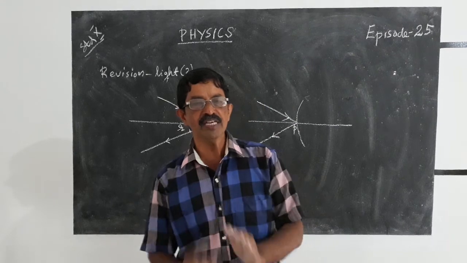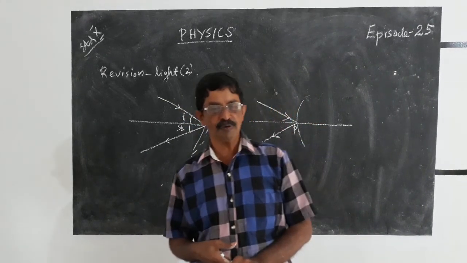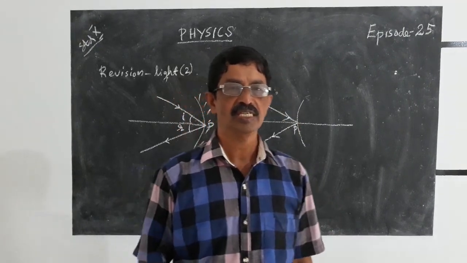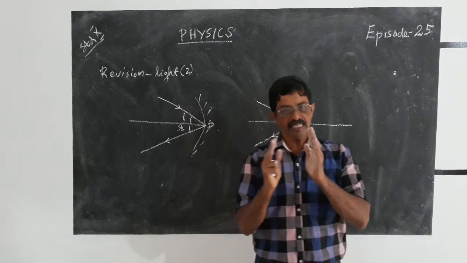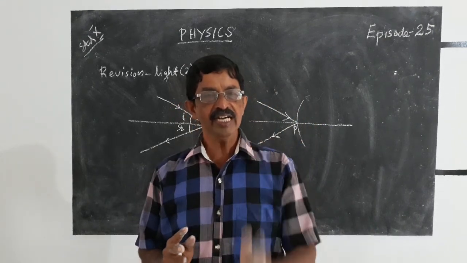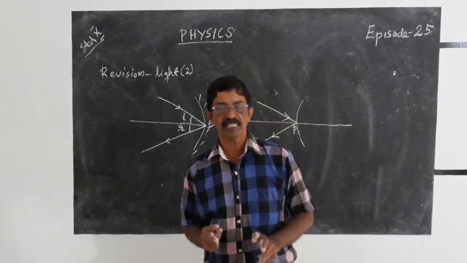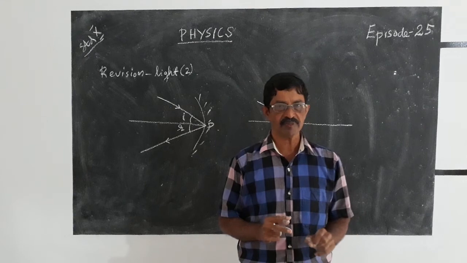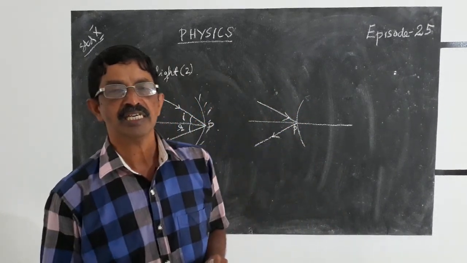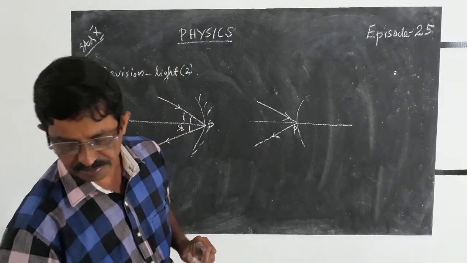When we draw image formation by spherical mirrors, we use any two of the rays, and where their reflected rays meet, there we get the image. First of all, we can discuss the image formed by concave mirrors.